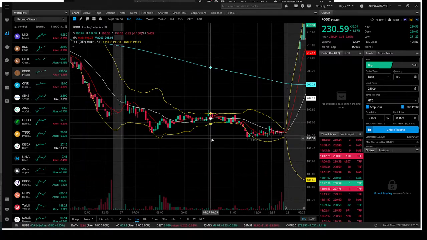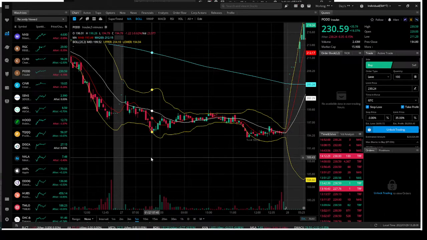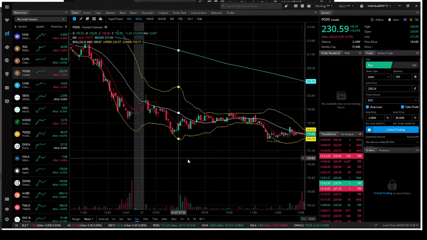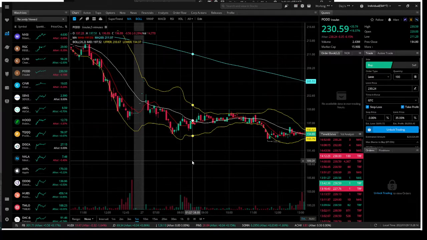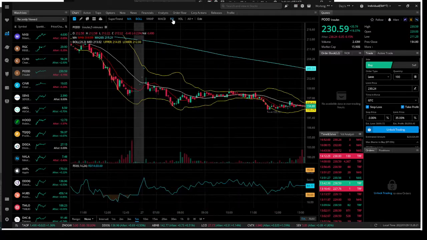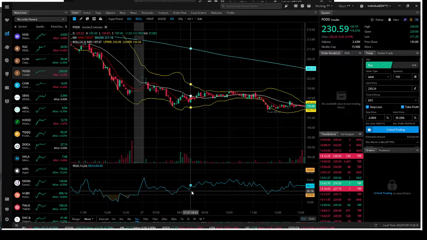Okay, we still have a few more things to add. For you to perform this trade successfully with minimal loss and maximum profit, we're going to add an RSI, which is going to help us predict how much has been bought in the market and how much has been sold in the market.